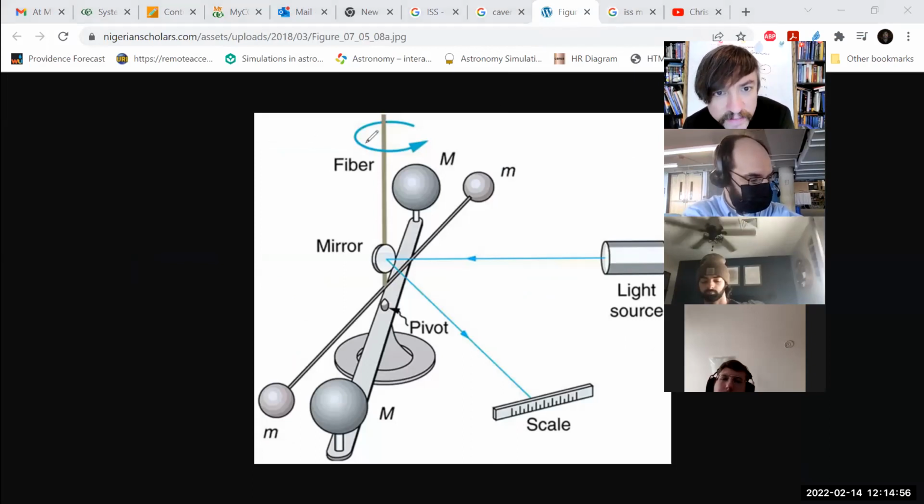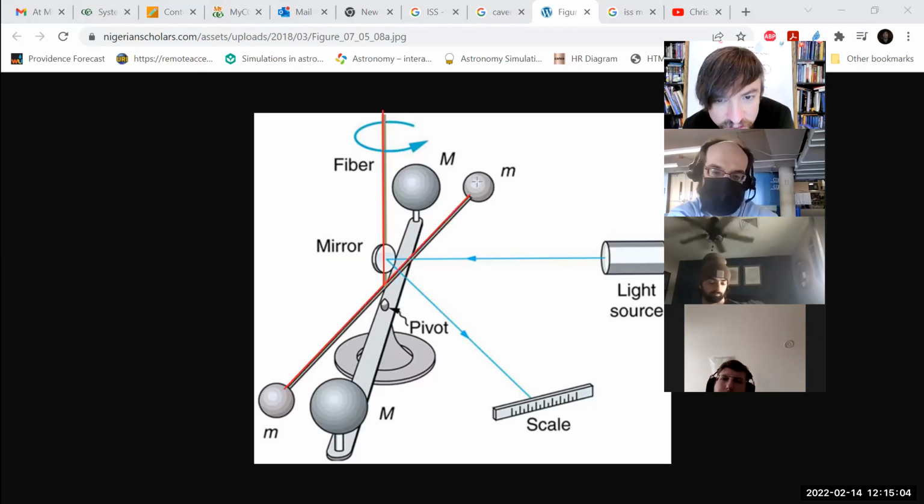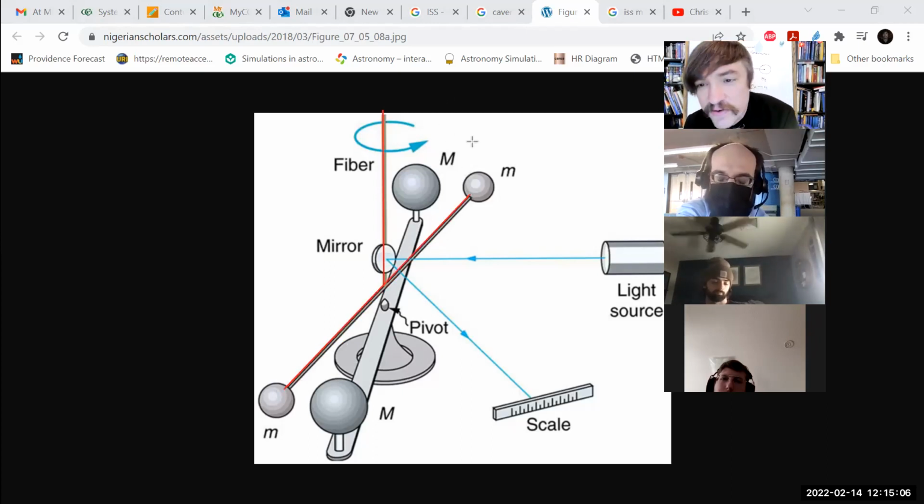A torsional pendulum has a very thin fiber of wire, and attached to it is a thin rod on which he attached 2 lead spheres. And I think he used lead because they were high density and therefore high mass. Since they were suspended from a torsional fiber, they could rotate horizontally, but gravity would not be able to pull them down.